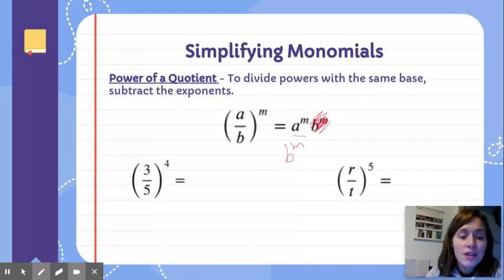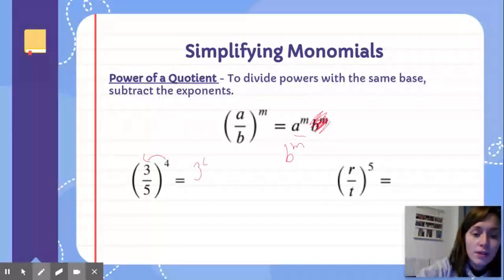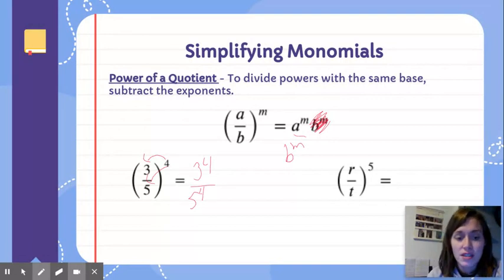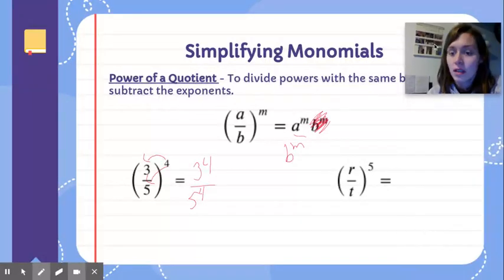So if we look at 3/5 all to the 4th power, we can think of that as 3 to the 4th divided by 5 to the 4th. We can just distribute the exponent to each term inside the parentheses. Next, we have r over t all to the 5th power.